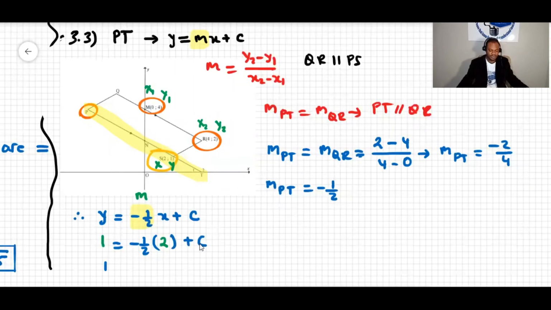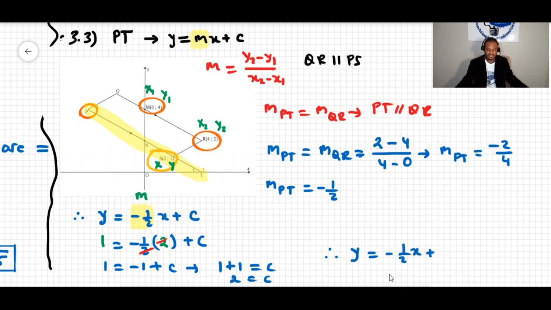This makes 1 equal to -1 plus c, because the 2s cancel out. Moving the -1 over, 2 equals c. Therefore the equation of the line is y equals -1/2 x plus 2.